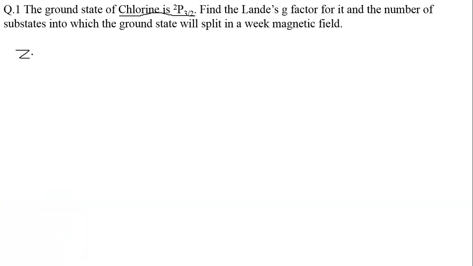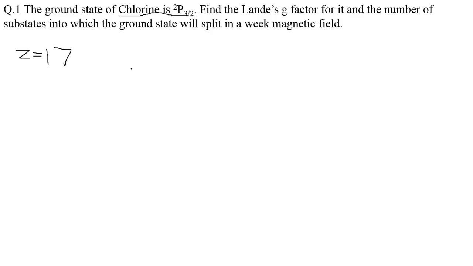For chlorine, we have Z equals 17. So the ground state of chlorine is 2p3/2. But we have to find the Landé g factor for it and the number of substates into which the ground state will split in a weak magnetic field.